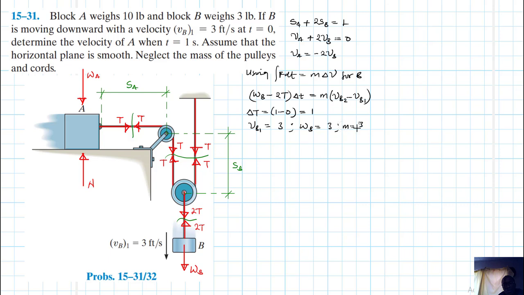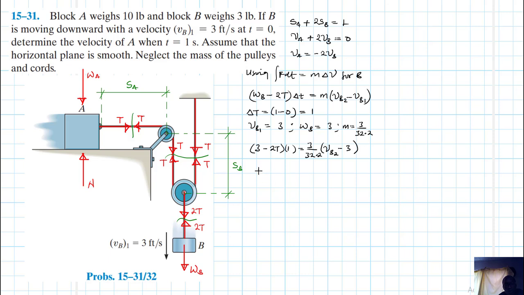Now m is equal to 3 divided by the acceleration due to gravity. So this becomes (3 minus 2T) times 1 equals 3 divided by 32.2 times (VB2 minus 3).